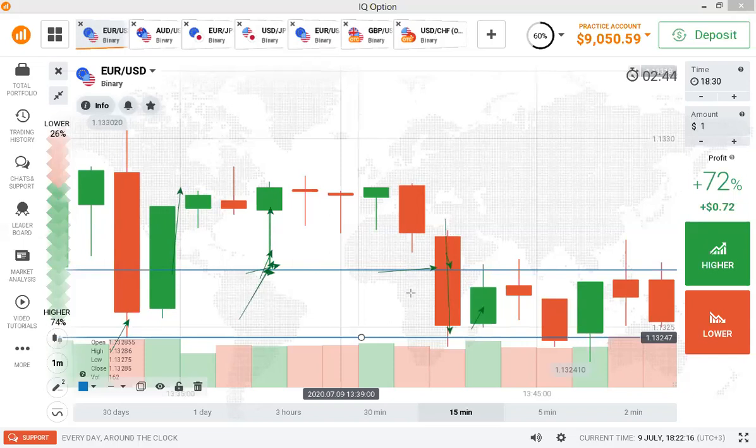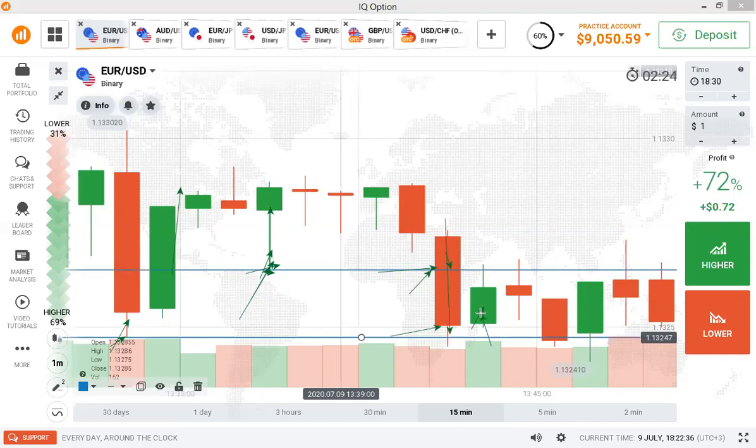And the body of this candle touches the pressure. And again, the closing price of this bearish candle got rejection here and still closed at this level. So this is a sign that the buyers will enter on the next candle. So that's why the buyers enter on the next candle.